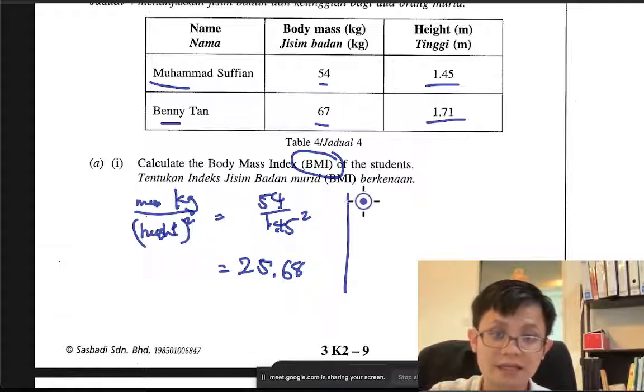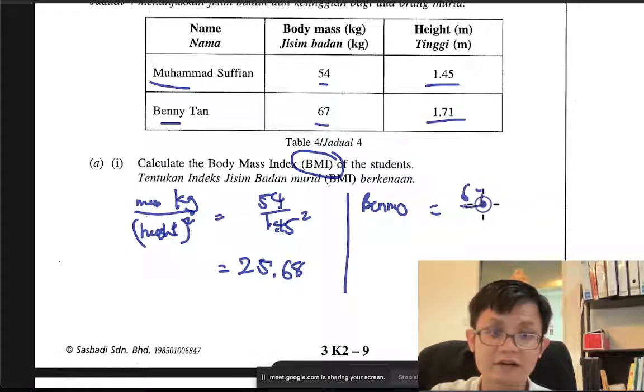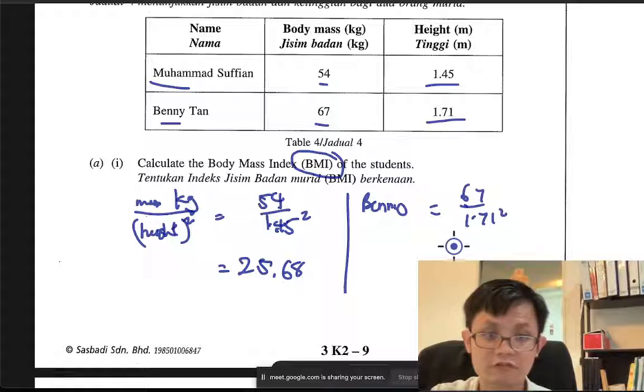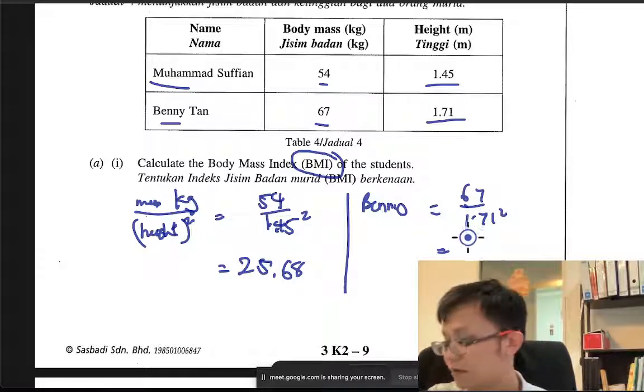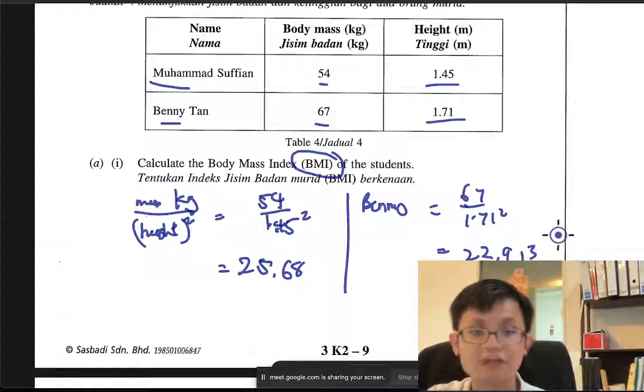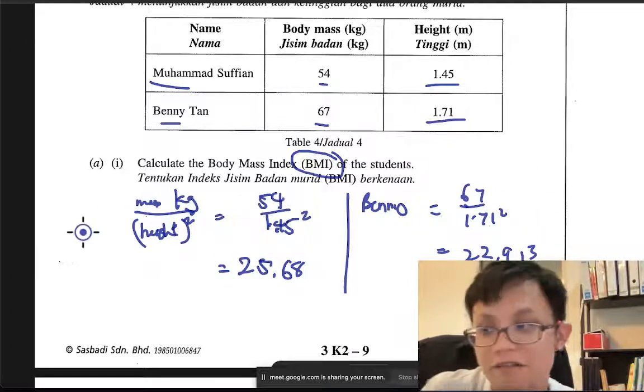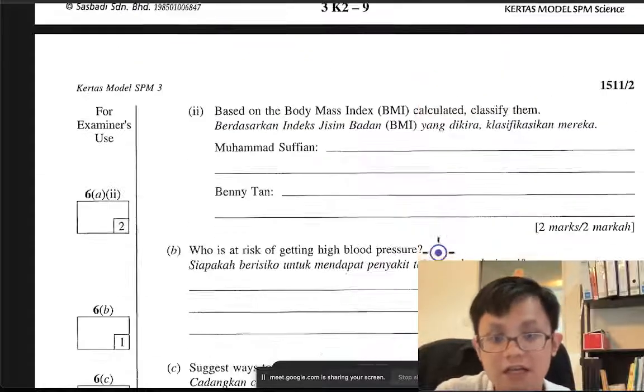For Benny, you do the same: 67 divided by 1.71 squared. So you will get 22.913. You can work out by yourself whether you are healthy or not.